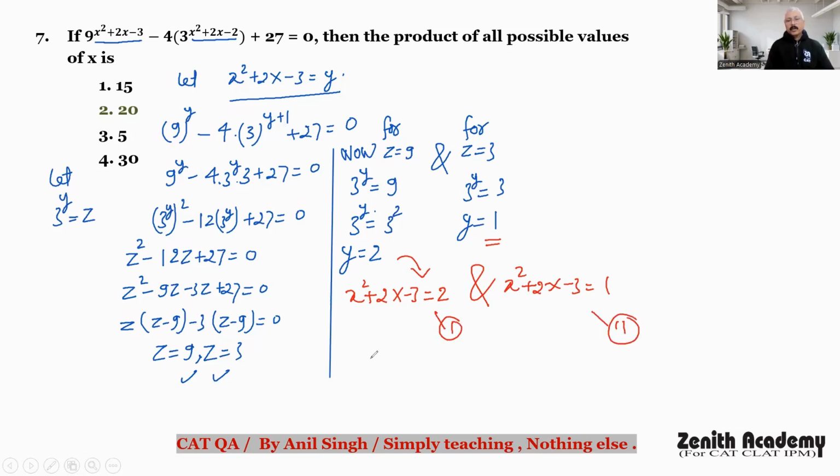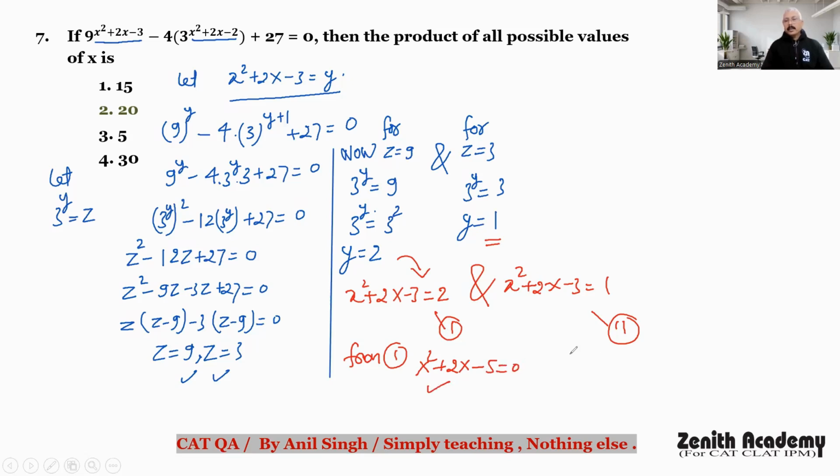So from equation 1 we can say x square plus 2x minus 5 is equal to 0.